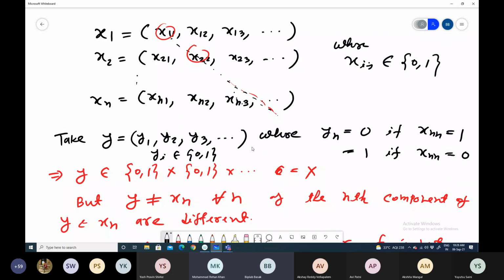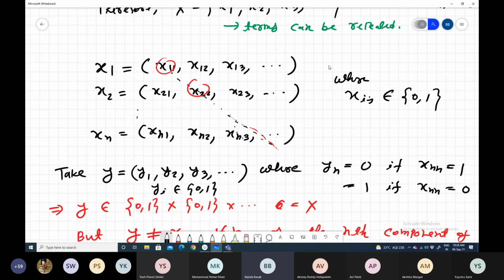No, no. y1 is similar to x11 kind of thing. The whole y is like the x. y is an element of X, so y is kind of like x1, x2, x3. Okay, so I got your confusion.